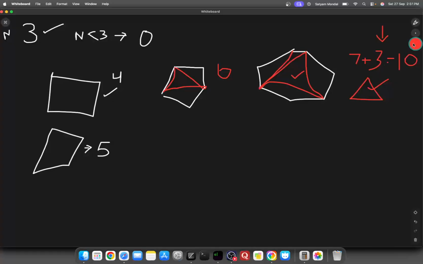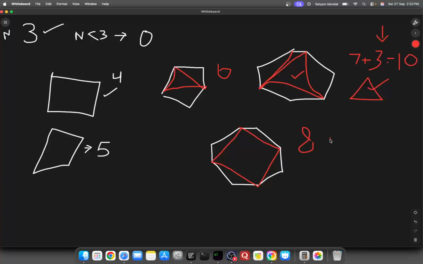Okay, so let's suppose I have 8 sides. In case of 8, I can create a 4-sided polygon, right?